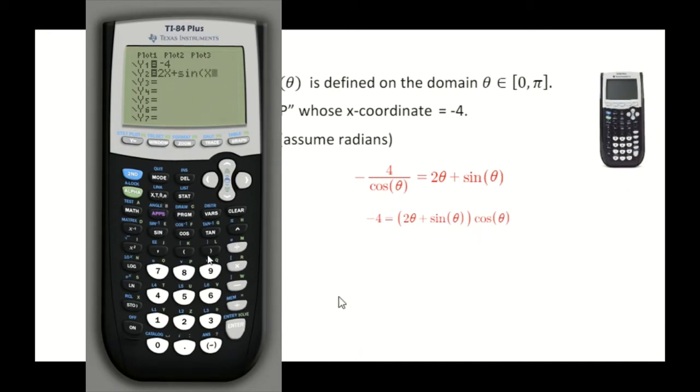And I know it's saying x, but oh, you know what, I'm going to need parentheses over here, times cosine theta. Hit graph. Now this is not what the graph is supposed to look like. What I'm doing here is just utilizing the y equals function mode so that I can locate where those intersections should be.